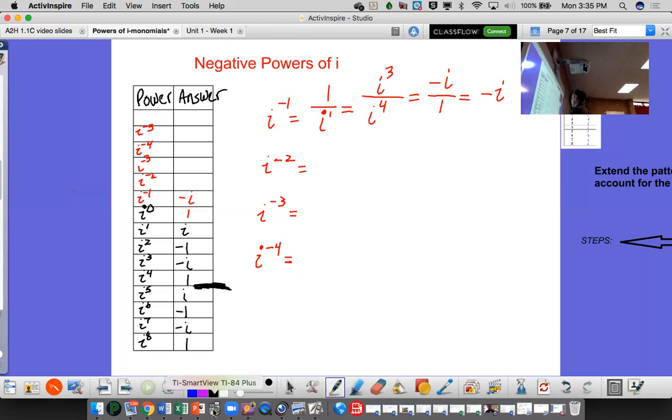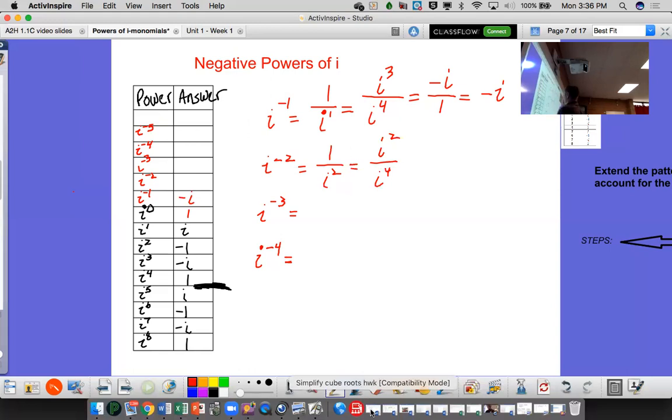Okay? i squared, I'm going to do the same kind of idea here. 1 over i squared is what i to the negative 2 looks like. We're going to make that i squared over i to the fourth.